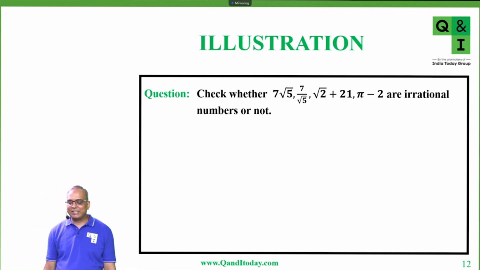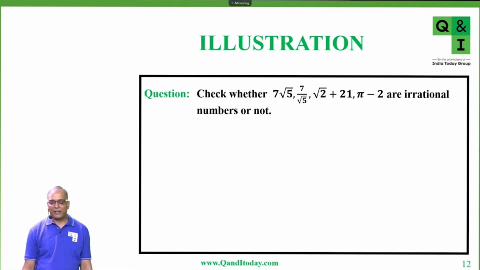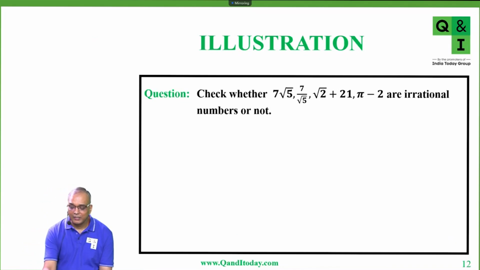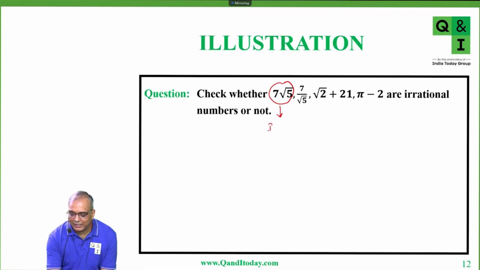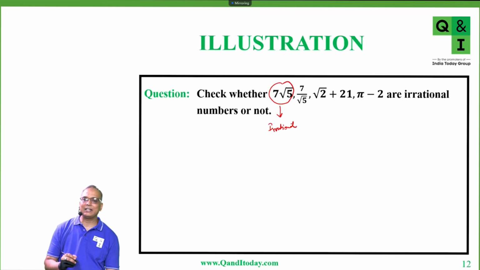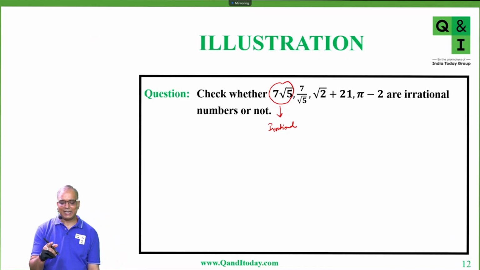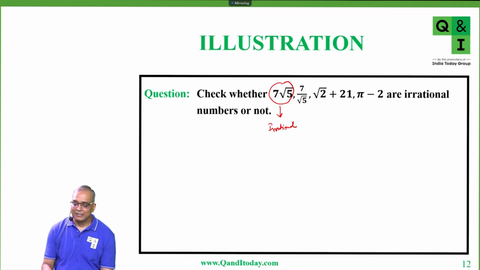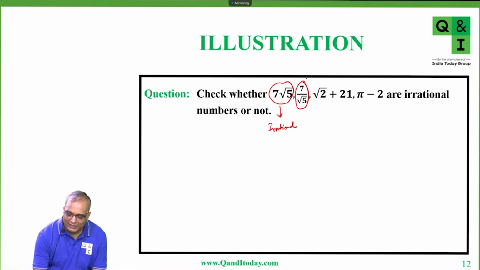Now in this question, check whether 7 root 5, 7 by root 5, root 2 plus 21, pi minus 2 are irrational numbers or not. We know that a product of rational and irrational will be irrational. So the reason you will say is that the product of rational and irrational is irrational. Similarly, the quotient of rational and irrational will also be irrational.